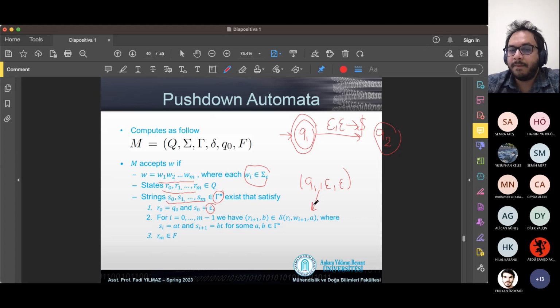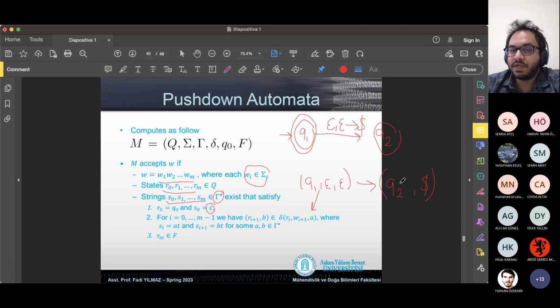Okay, guys. And then there must be a rule, a transition that takes us to Q2, with a b, and our b is the dollar sign. Is that clear, guys?